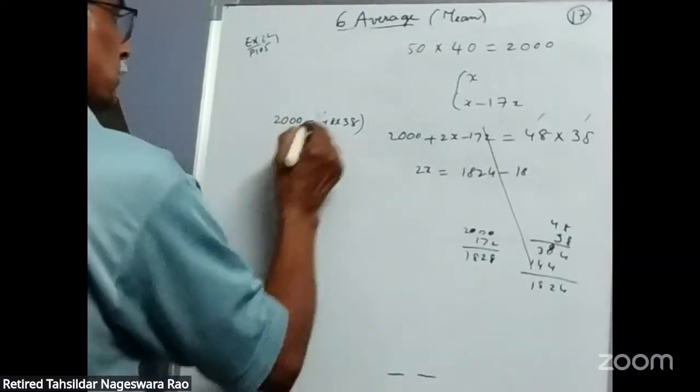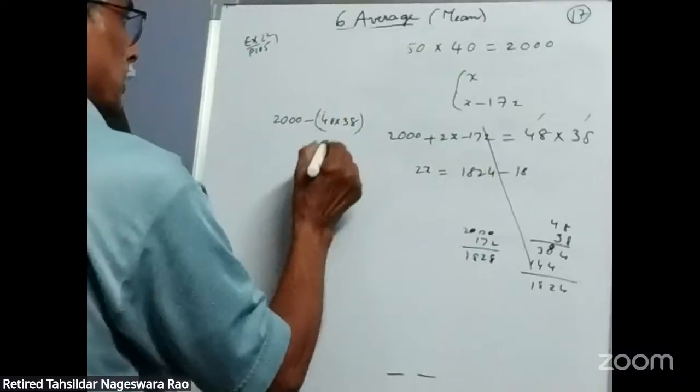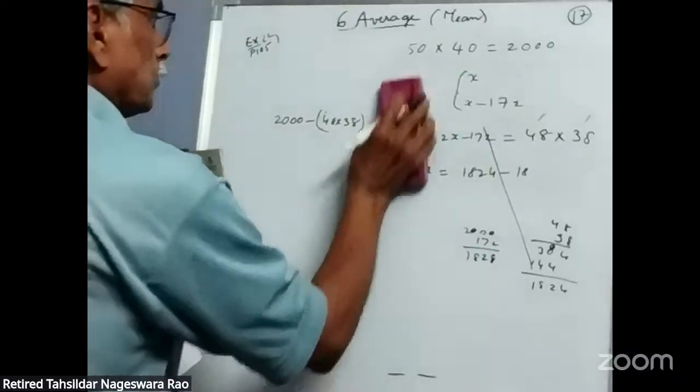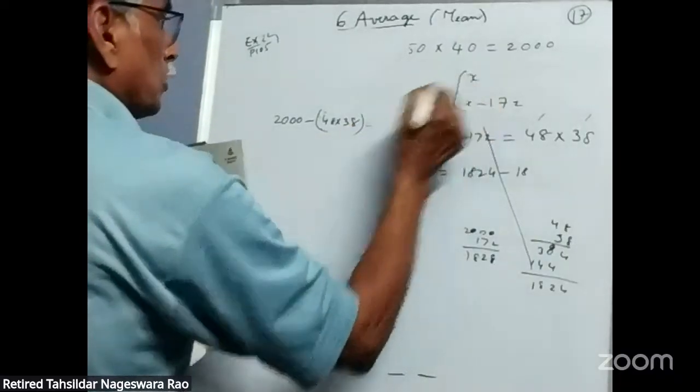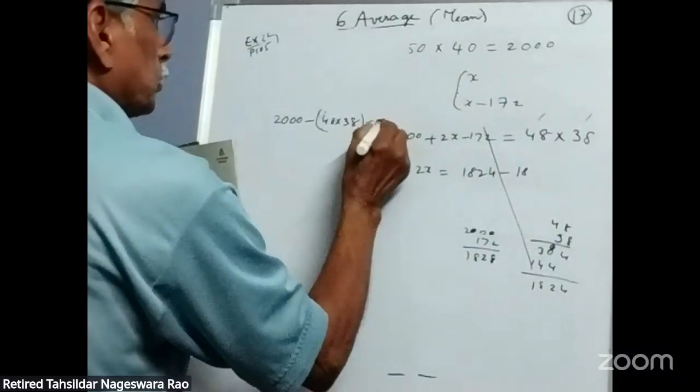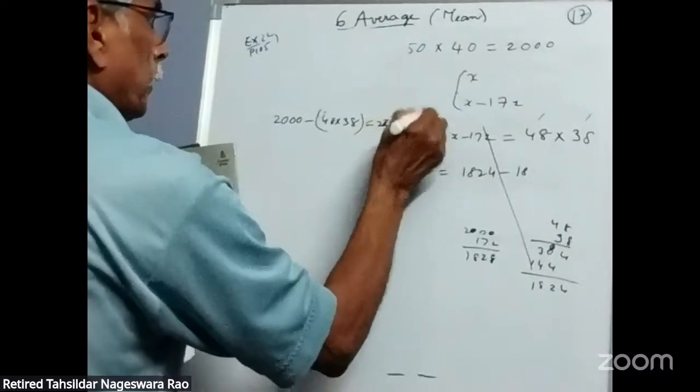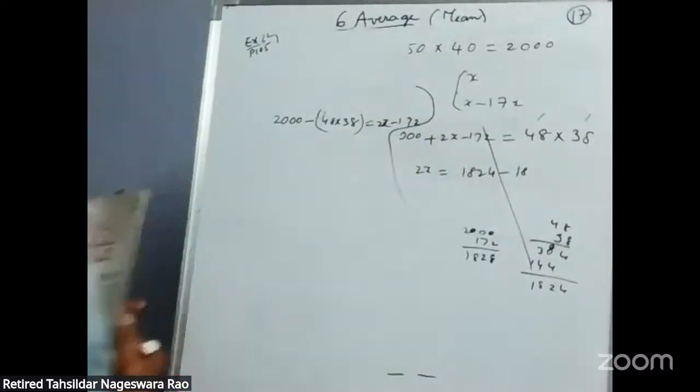What will be obtained will be equal to these two scores, 2x minus 172.